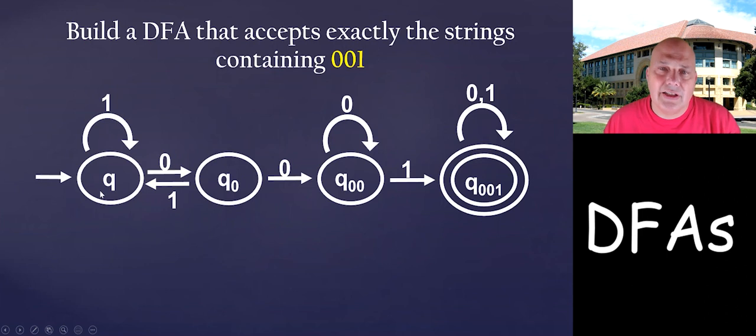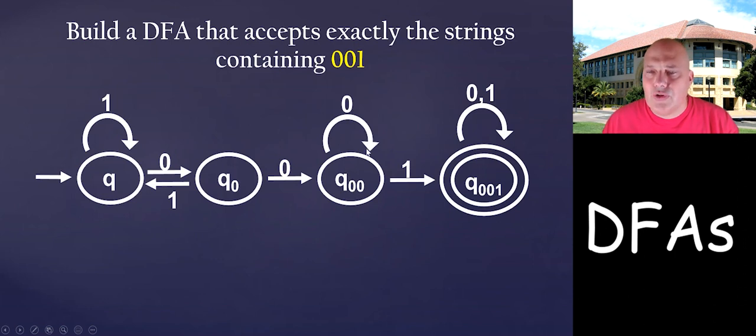And the construction is pretty natural. So when you're at Q, meaning that you didn't see 0, the last one is not 0, and as long as you see 1, you stay put. If you see a 0, you move to Q0 because you just saw 0. From Q0, if you see 1, you go back to Q because the last one was 1. On the other hand, if you see 0, then you can move to Q00 because you just saw 00.